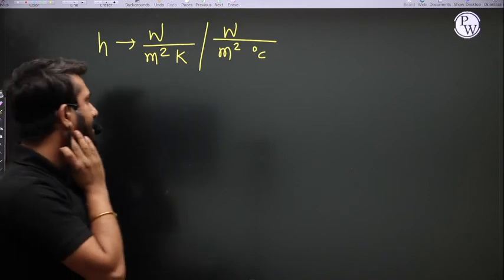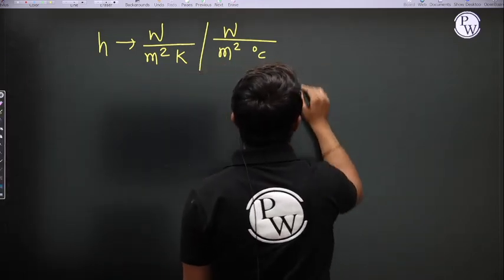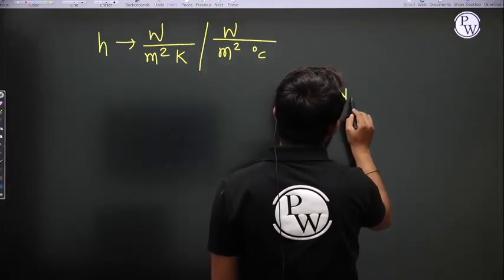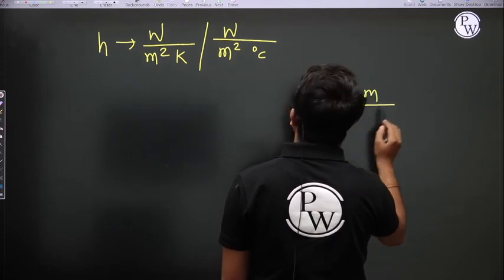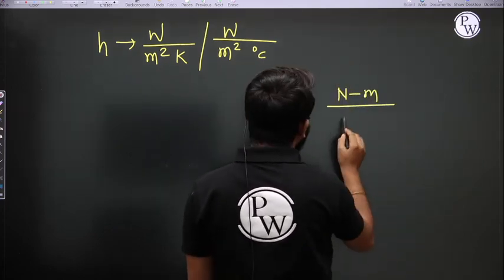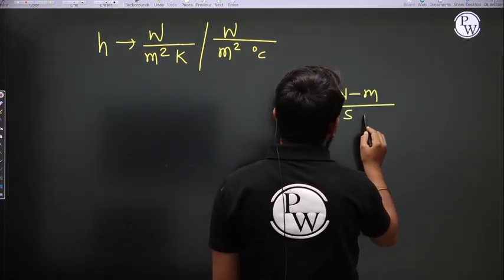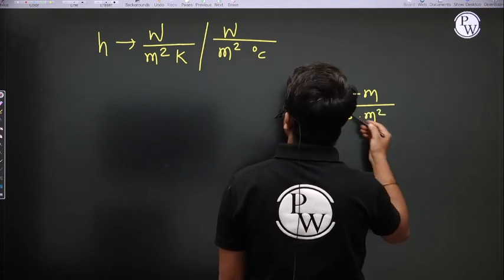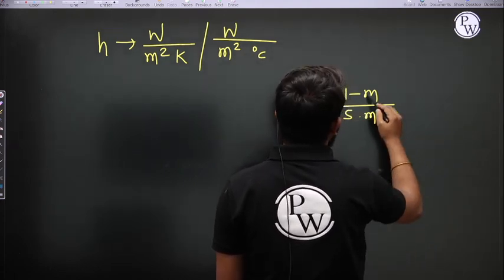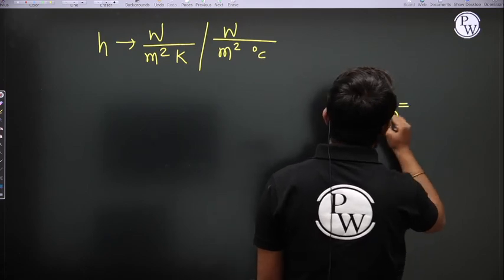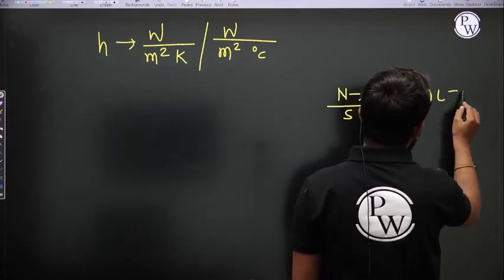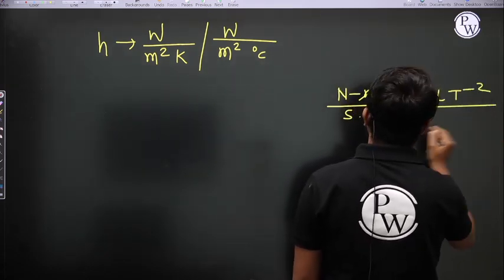And in terms of the fundamental dimensions, that is Newton watt. Watt is joule per second. So Newton meter per second, divided by meter square, and theta. Newton is MLT minus 2, divided by second.